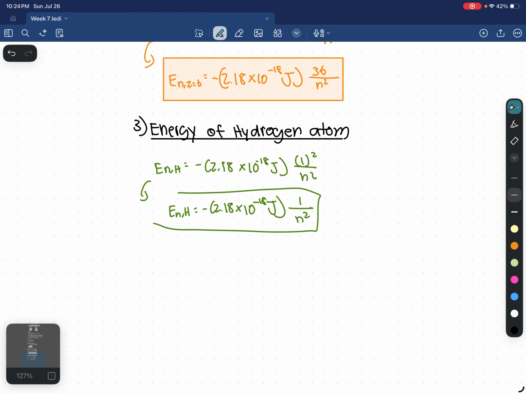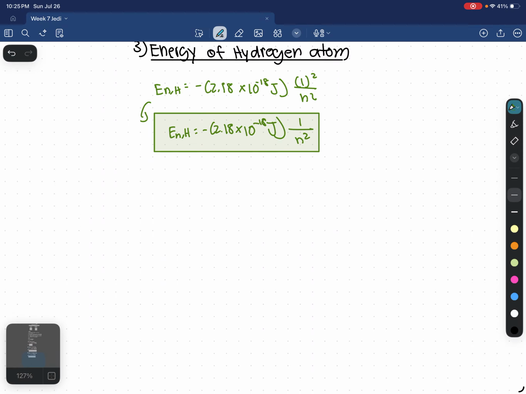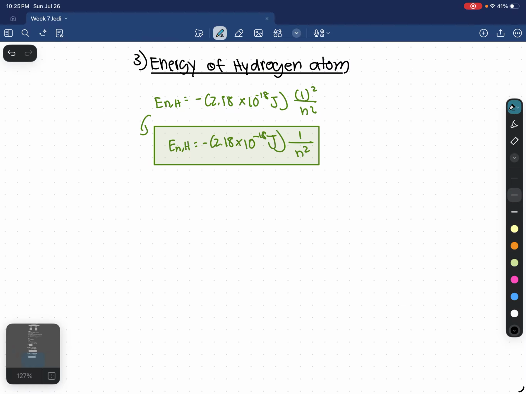Okay, so now we can use these two energies that we've solved for and find the ratio that the problem requests us to. So that's going to be our fourth step: find the ratio.